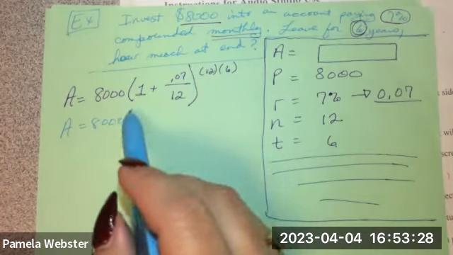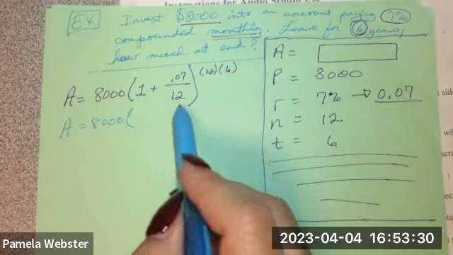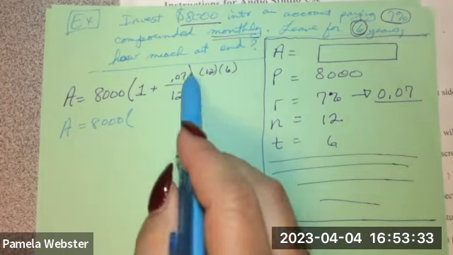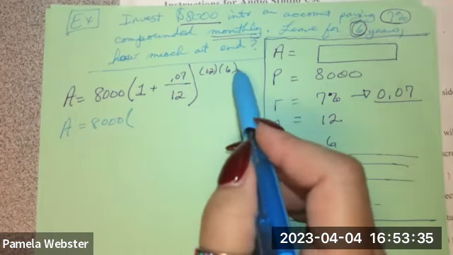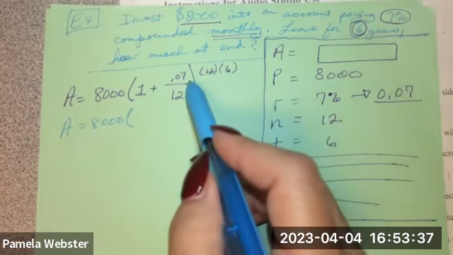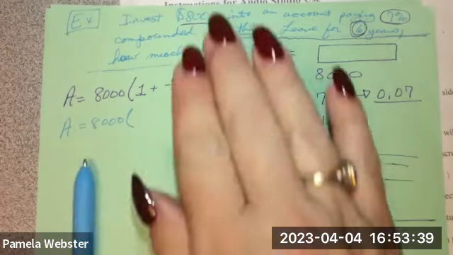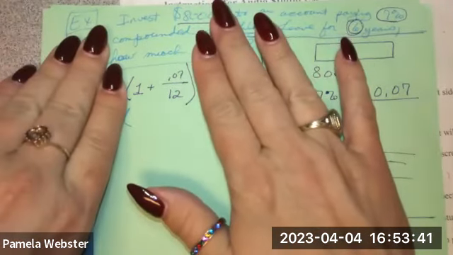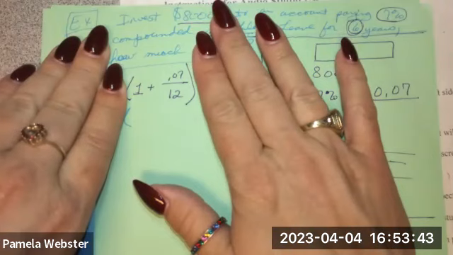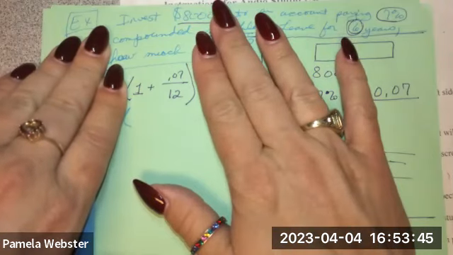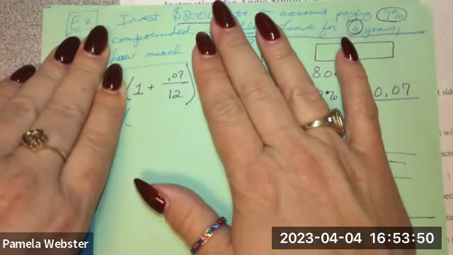Okay. I'm going to do 2 things here. The first one is I'm going to remember my PEMDAS, and PEMDAS says I need to do all this stuff in the parentheses, and then I need to mess with my exponents, right? So inside of the parentheses, 1 plus 0.07 over 12, what do I do first? I divide first, right? Because PEMDAS, multiply and divide, comes before adding and subtracting.